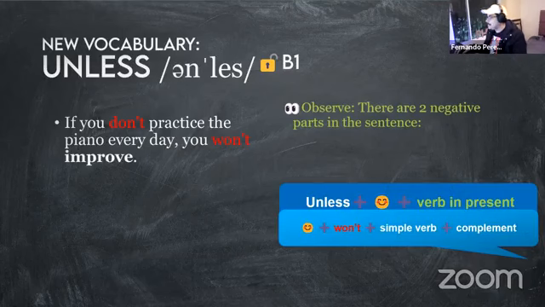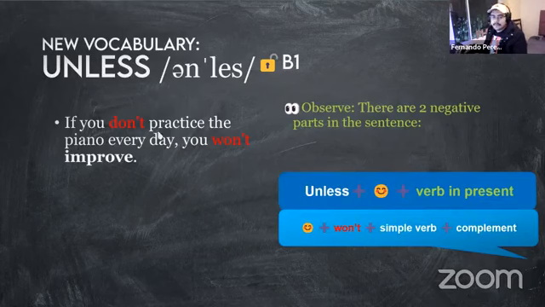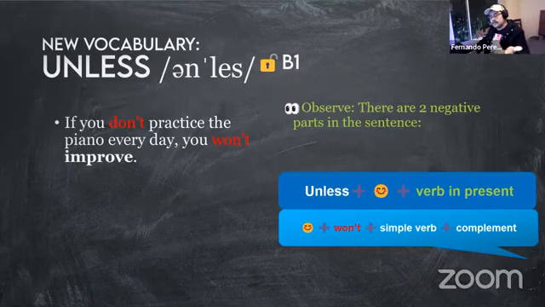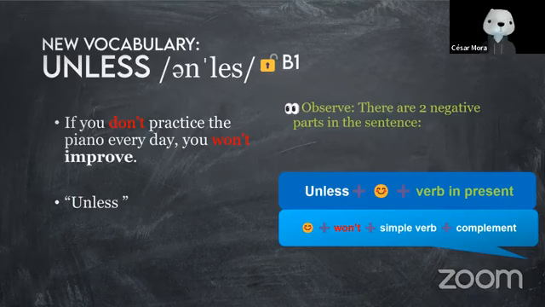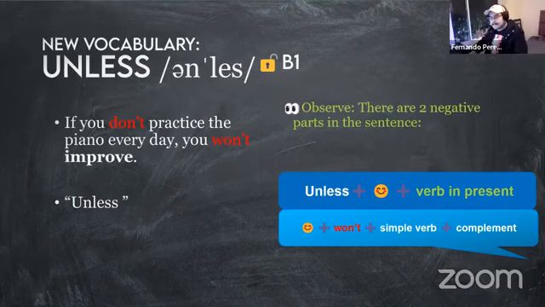Example. If you don't practice the piano, negative if, unless. You practice the piano in positive form. What is a positive form in a sentence in present?